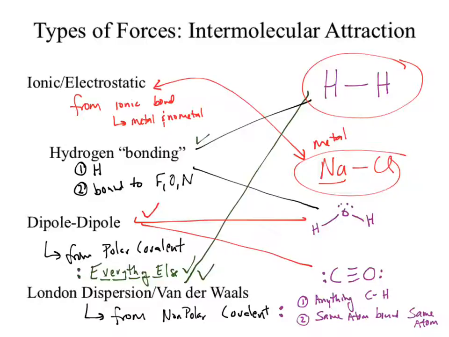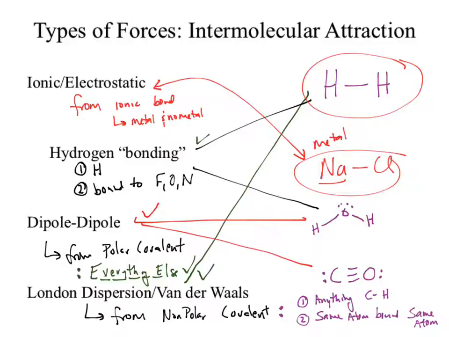So if our two compounds that have not been circled, we have carbon bonded to oxygen. Does that satisfy our hydrogen bonding rule? Carbon bonded to oxygen? No, we have to have a hydrogen bound to oxygen, and I have a carbon. So carbon monoxide does not have hydrogen bonding. So good, we didn't connect that.